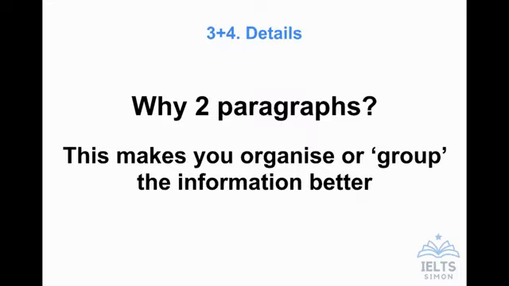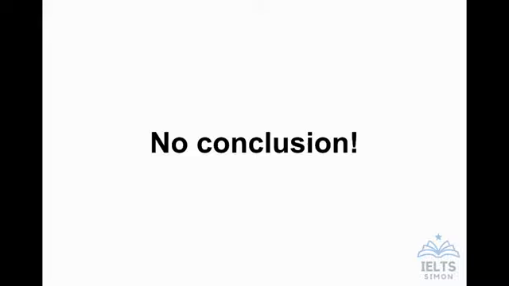If you can, for example, if you've got numbers, you might put all the higher numbers in one paragraph and the lower numbers in another. Or you might put the first half of the period in paragraph 3 and the second half of the period of years in paragraph 4. Just grouping and organizing. This will help your score for coherence and cohesion. Makes your structure look better. And that's it. No conclusion, remember.